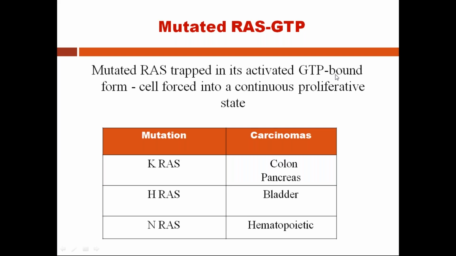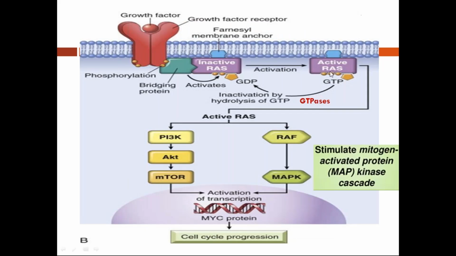The bond is so strong that the GTP is not hydrolyzed even by the GTPase enzyme. So what happens? The RAS is in a continuously activated state. Why? Because it is now abnormal.